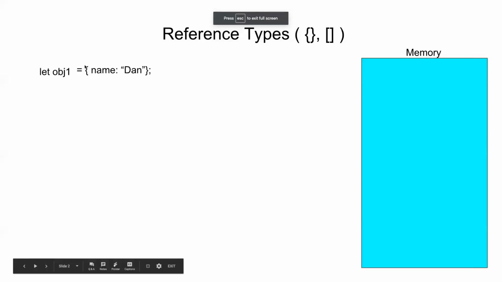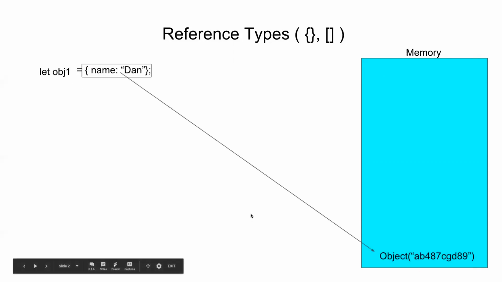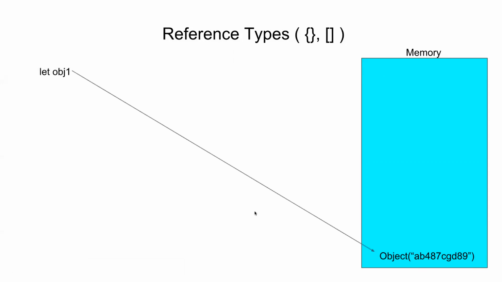Let's follow this now. And actually, I just showed you, I think, a better example of this. But let's follow this. So we have created an object, right? Anytime you see curly brackets, that is creating a new object. We have assigned that place in memory to object one. Okay? So we have created a new object. We've placed it in memory as an object. We've given it a signature and address. And then we've said object one now equals that place in memory.